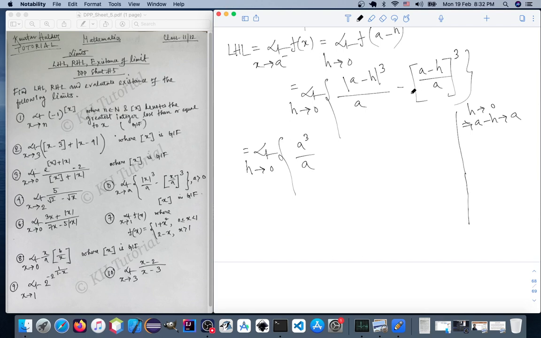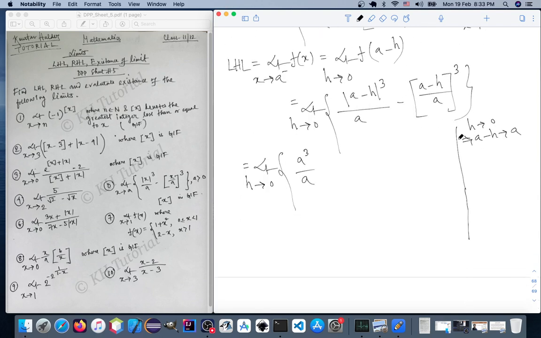Since a is greater than 0, obviously mod of a will be a. It's given that a is greater than 0, so mod of a is a. So it becomes a cube by a minus, we have 1 minus h by a whole cube. Now this is box of 1 minus h by a.